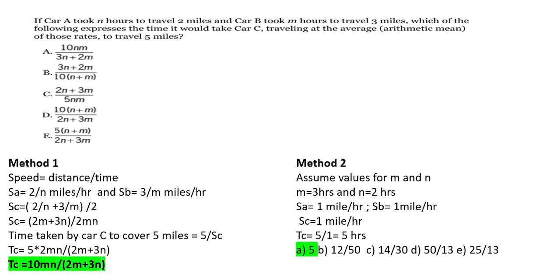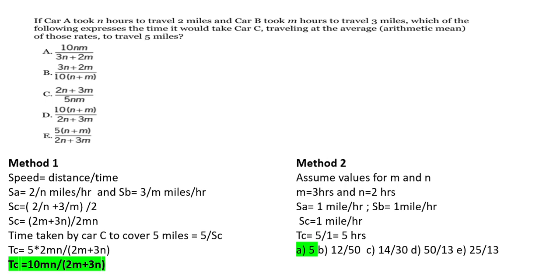So the speed of C is the average of speed of A and speed of B. Since both of those are traveling at 1 mile per hour, the average of 1 mile per hour plus 1 mile per hour is going to be 1 mile per hour. So if C is traveling 5 miles at the rate of 1 mile per hour, it will obviously take 5 hours to complete the journey.